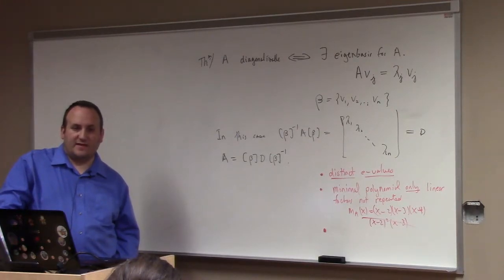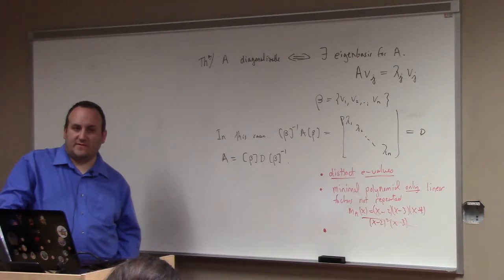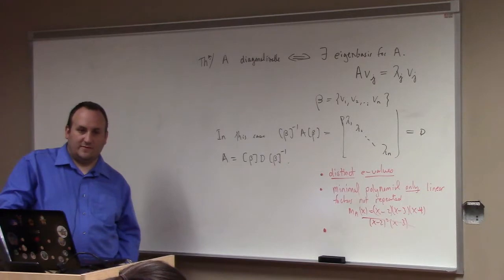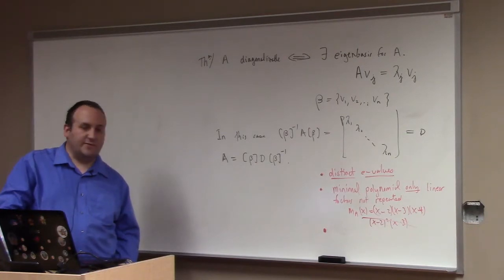Right. To say you have eigenvalue 0 is to say that the null space of A minus 0 times I, which is just A, is non-trivial, which is to say that matrix is not invertible. So if you have eigenvalue 0, no inverse. But that's about all I can say about invertibility. They're kind of different animals, though they're related.